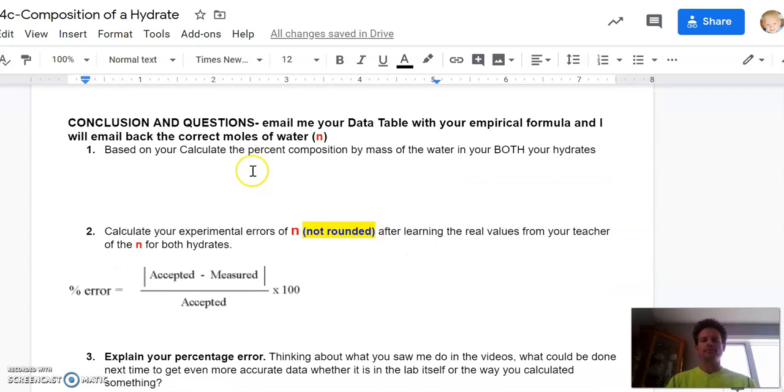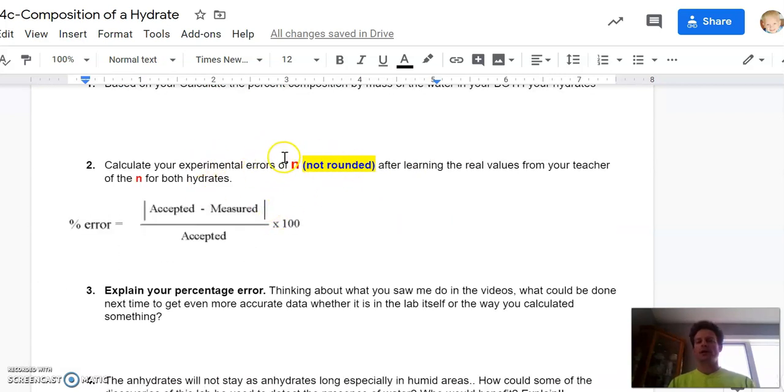All right. So what I want you to do is for both, or if you're a group of 3, doing your hydrates, calculate and show the work for all of them. Calculate the percent composition of the mass of water. Okay, so going back to percent composition, what we want divided by the whole.